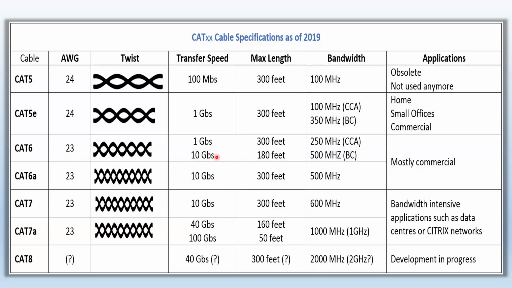Right? However, there's one more but. Well, but before I get to it, if you want the full benefit of 10 gigabits per second for 300 feet, you're going to have to get Cat6a.